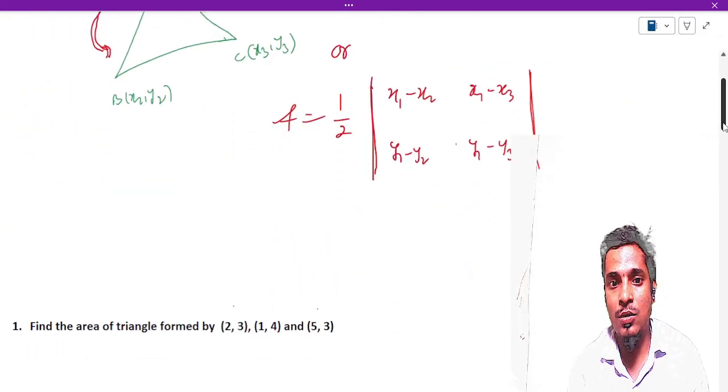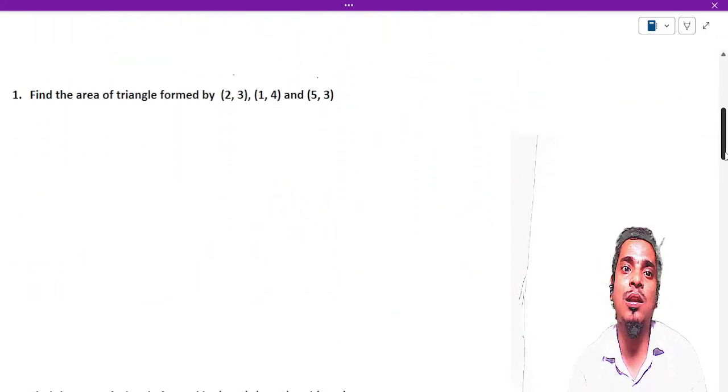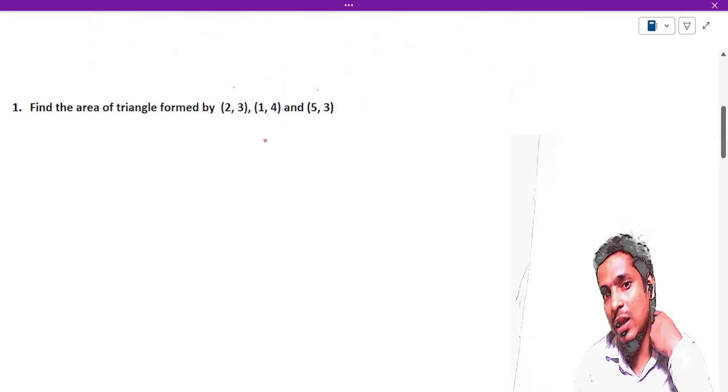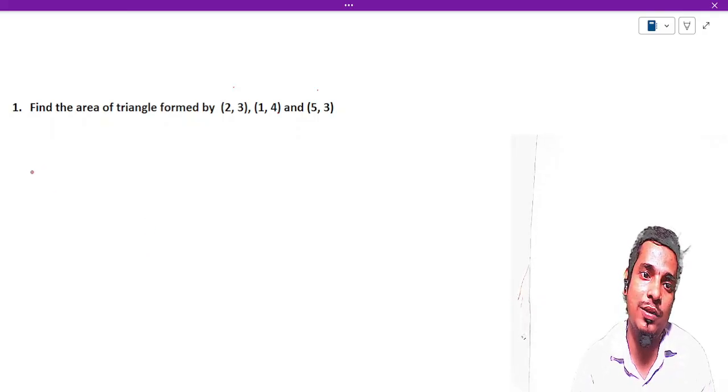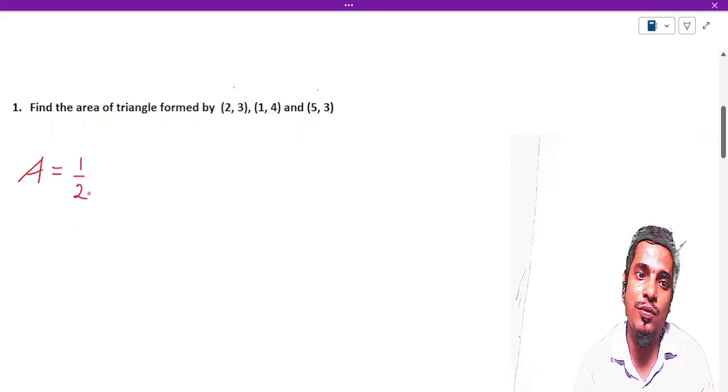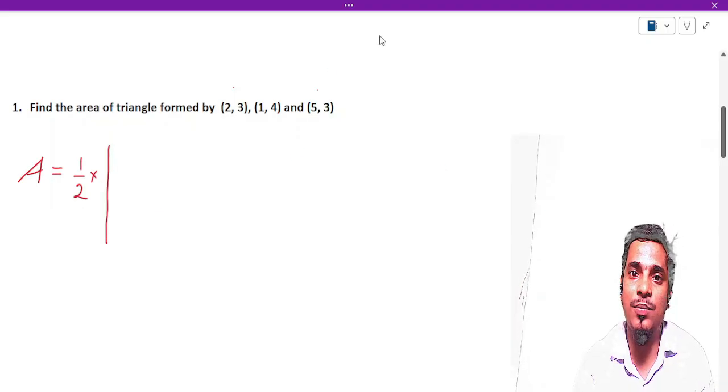Okay. So let's say we are given a triangle whose vertices are 2, 3, 1, 4, and 5, 3. We need to find the area of this triangle. Let me solve this with the help of the first formula. Area of triangle is half multiplied by the absolute value.